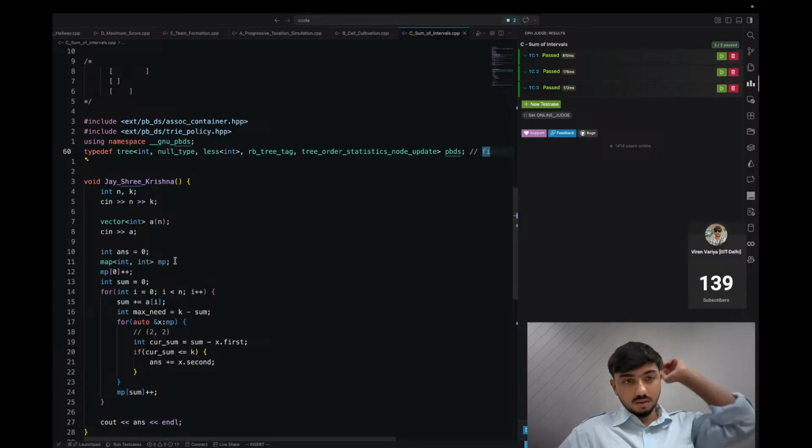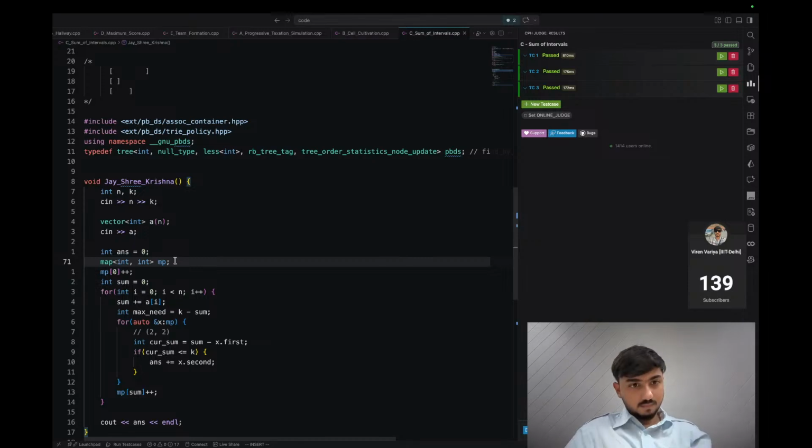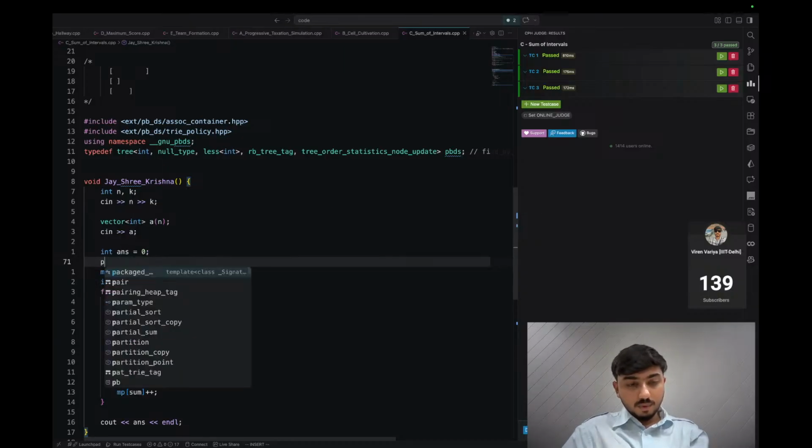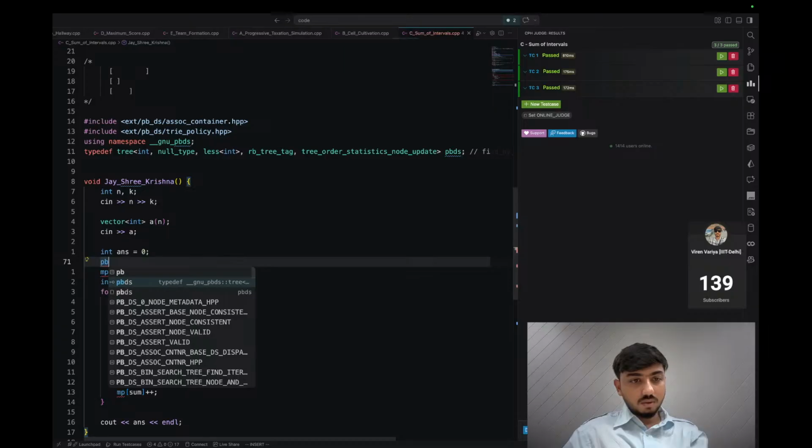Yeah, this should help. This will help. Policy based data structure.